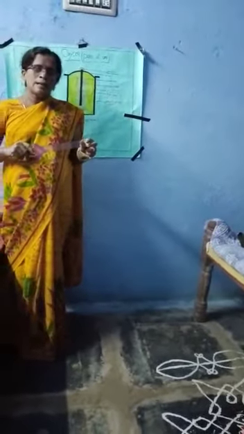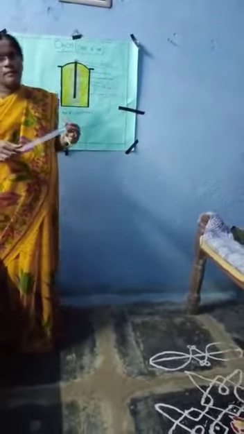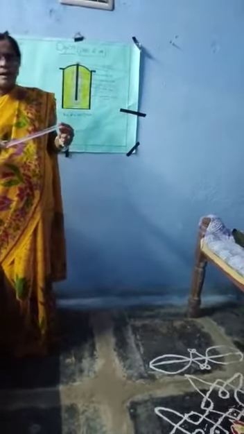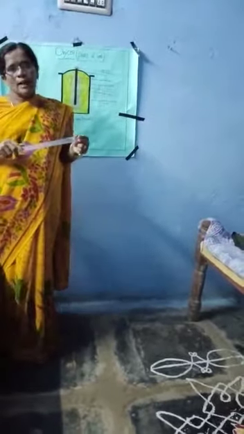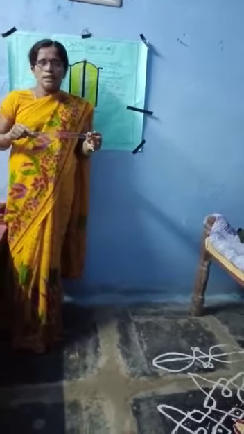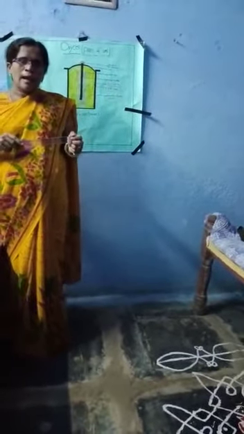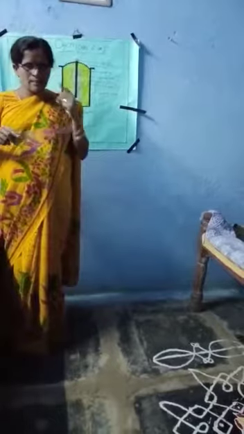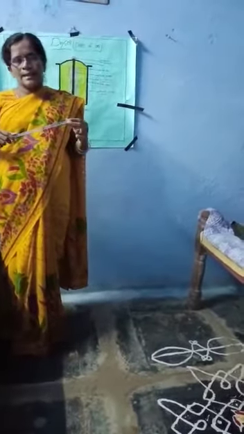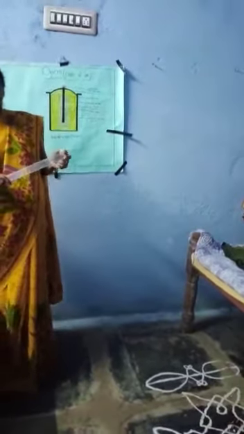Example, TV, fan, iron, laptop, etc. All things that run on electricity have electric current passing through them. Next definition, any device that is used to produce electric current is called a source of electric current.